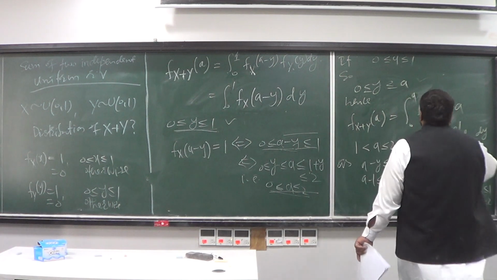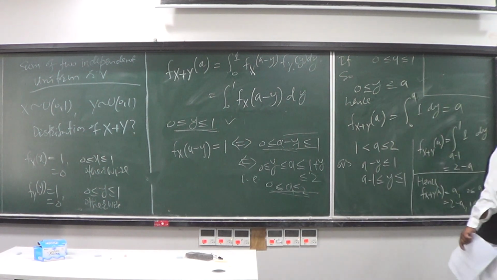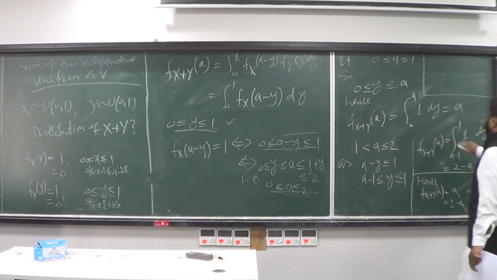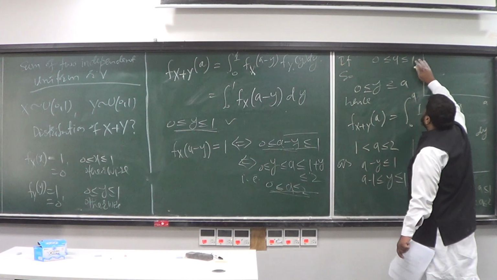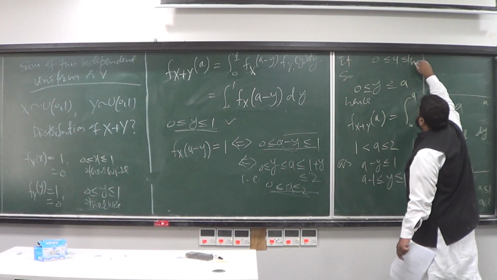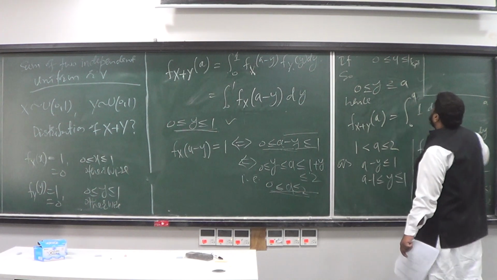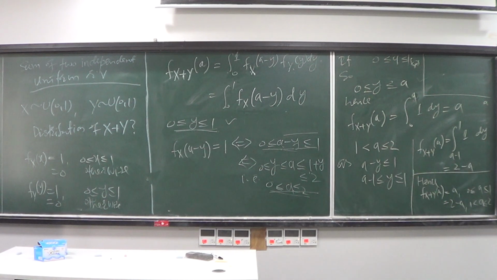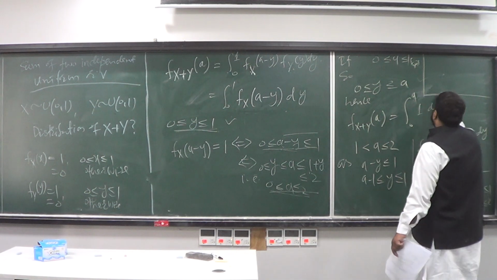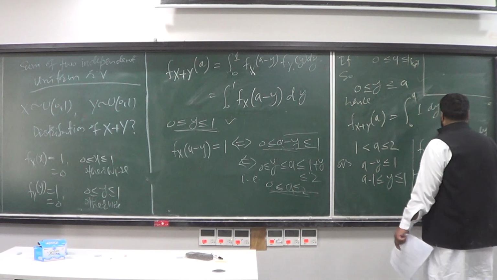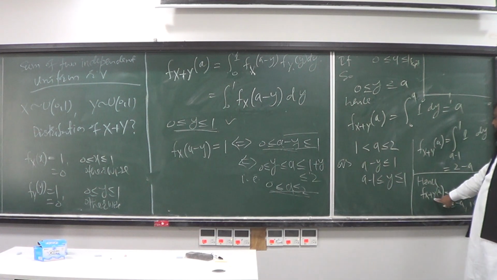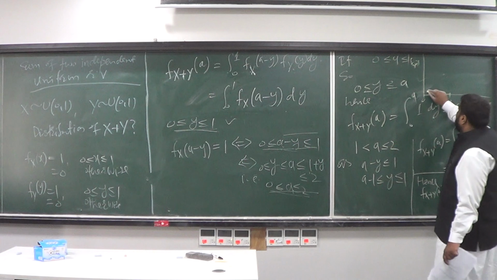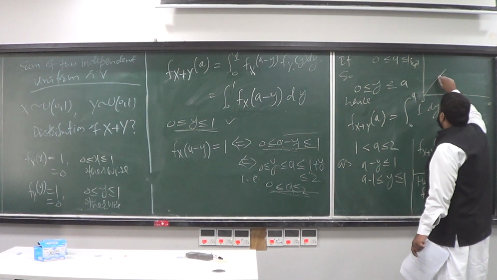And if you plot the curve of this, so this is the a-axis and this is f_{X+Y}, then in the interval 0 to 1, you have the equation y equal to a, which is a line.